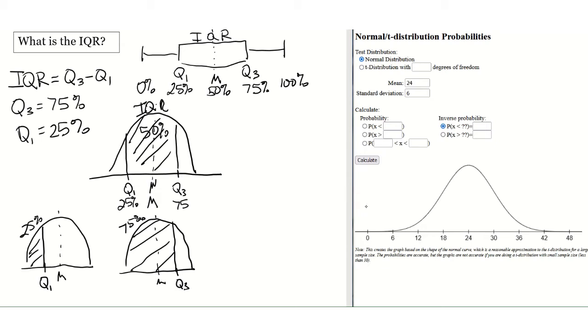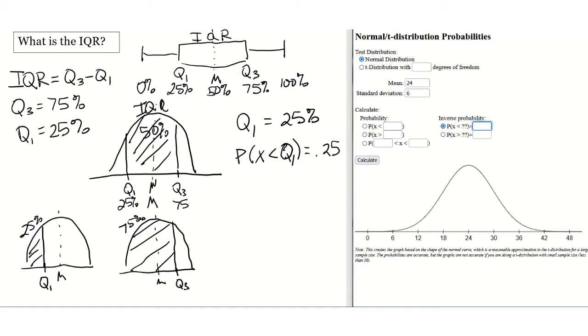To get my Q1, that's at 25%, so I'm going to plug this into my probability formula. I'm going to take the probability of X, and I want to know what value is going to give me my Q1, which is going to be 25%.